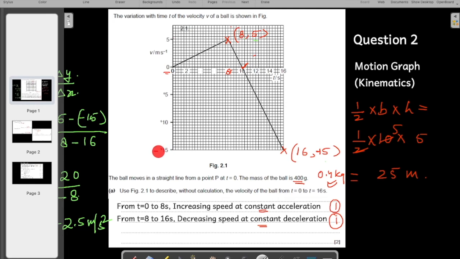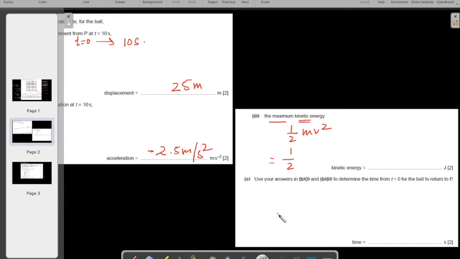So we'll ignore the negative sign here. We'll just take up the maximum value of the velocity, which is 15. We do not care about the direction because it doesn't matter. So 0.4 times 15 square.